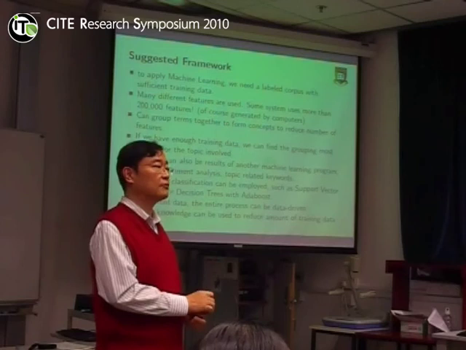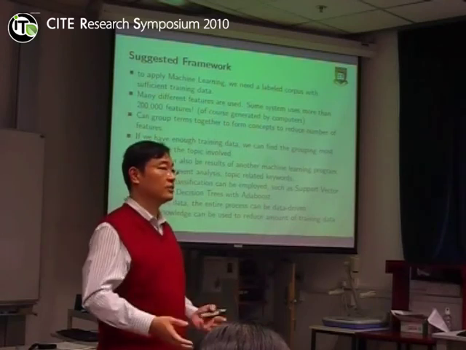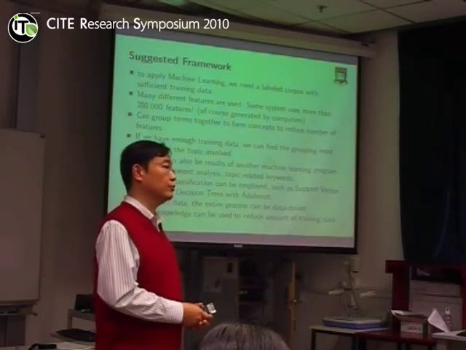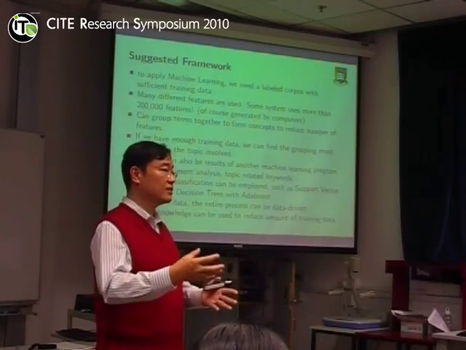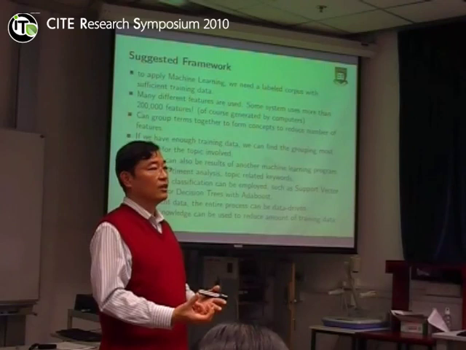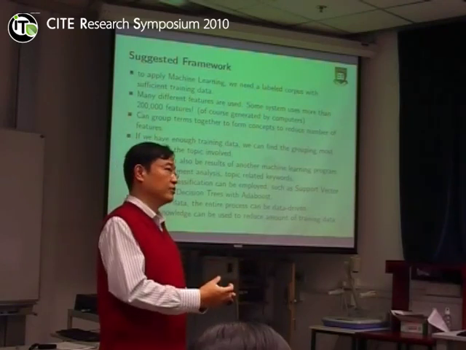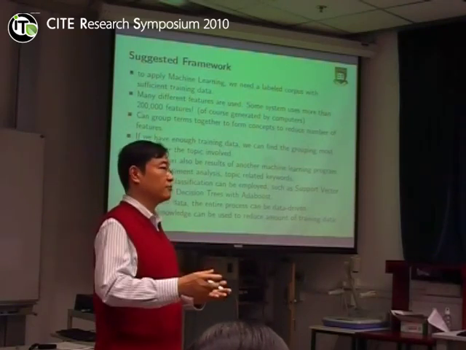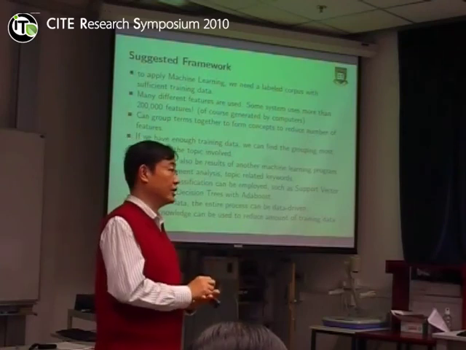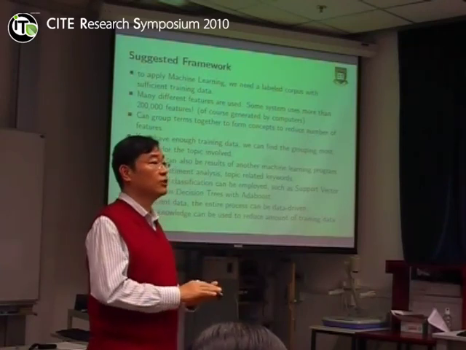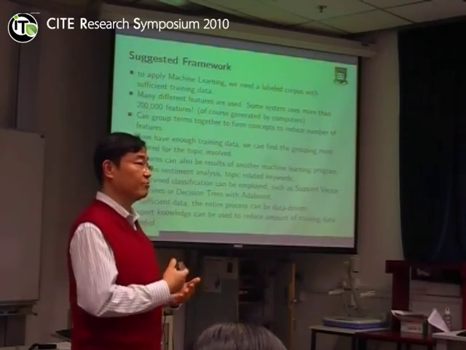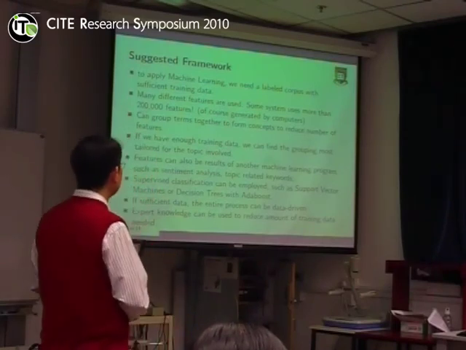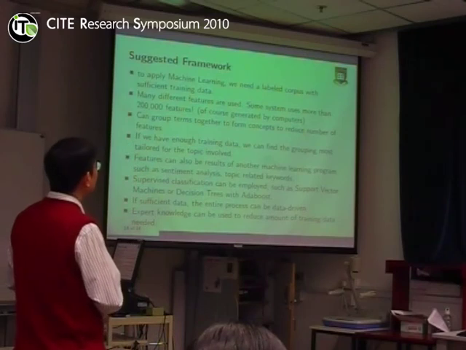If you don't have enough training data, you can use the knowledge of the expert, summarized or abstracted from the data, to supplement the process. So that is what I want to share with you today.